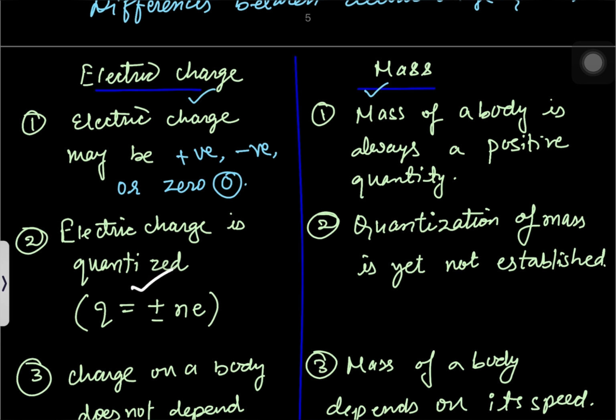Electric charge is quantized. We will cover the quantization of charge in the next video, but quantization refers to packets of charges. Here n refers to the number of electrons, or the packets of electrons as well, hypothetically. So electric charge is quantized, but quantization of mass is not yet established.